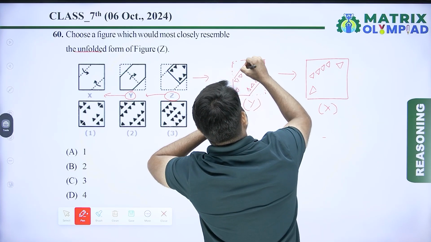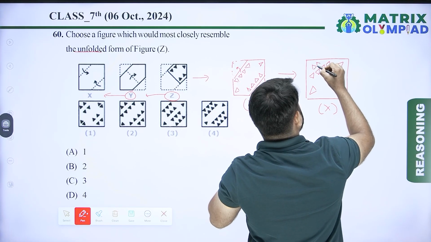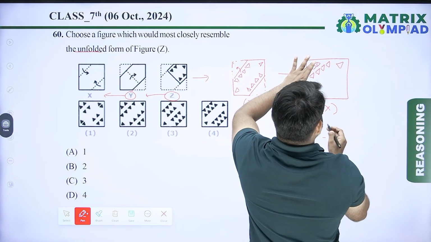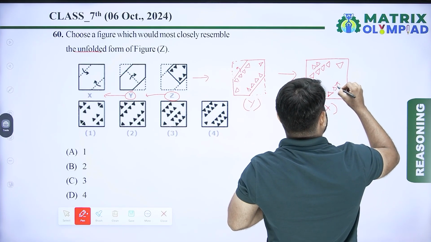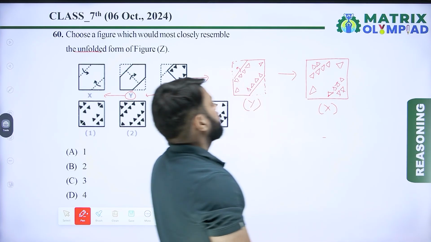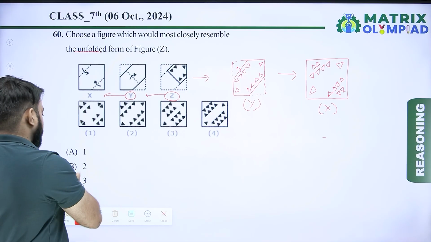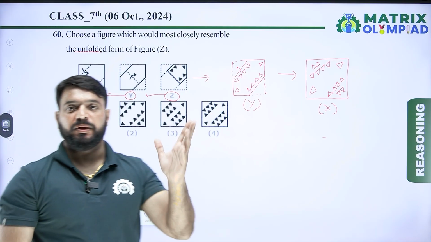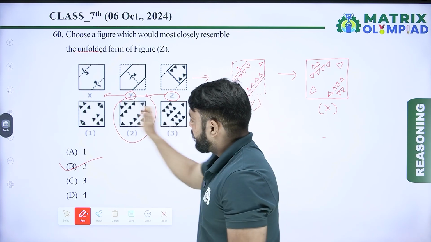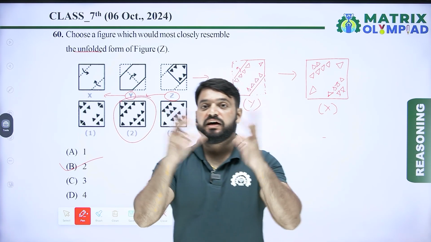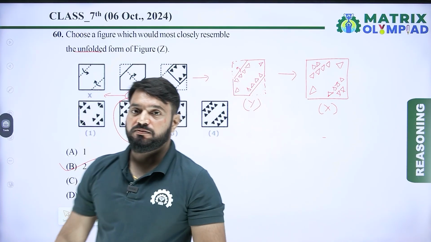It means mirror image of these two triangles. So here option B is the correct unfolded paper because option B shows the correct unfolded paper of the given figure. So here option B is the correct answer of this question.